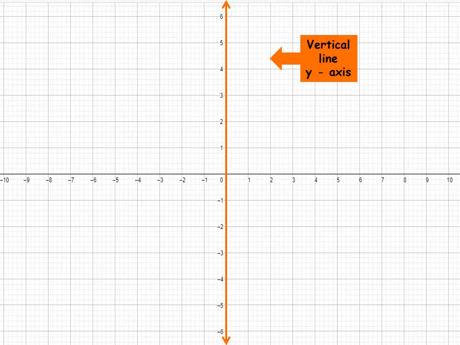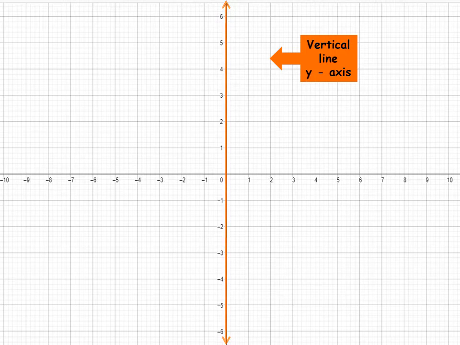It runs vertically, from top to bottom, or if you want to say north to south. One way of identifying the y-axis is looking at the tail of the y. Just as the tail of the y runs from top to bottom, the y-axis runs from top to bottom.